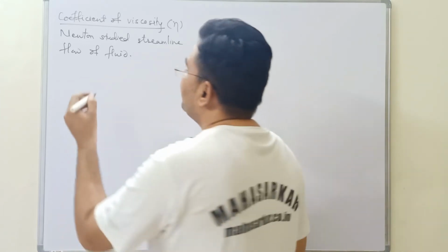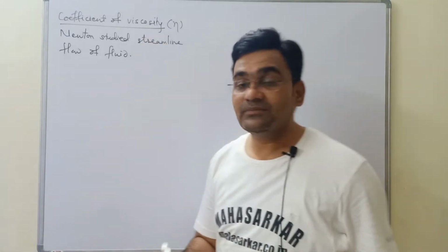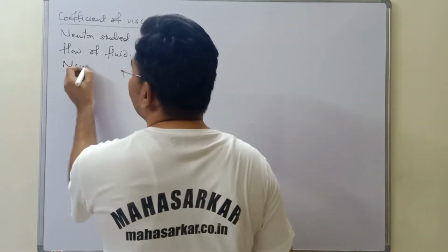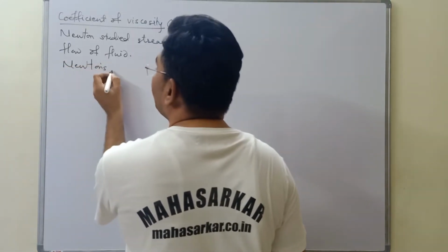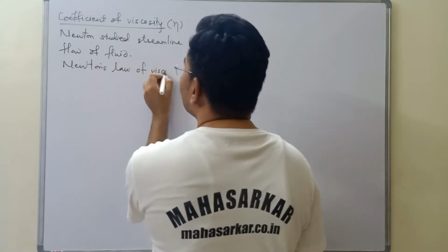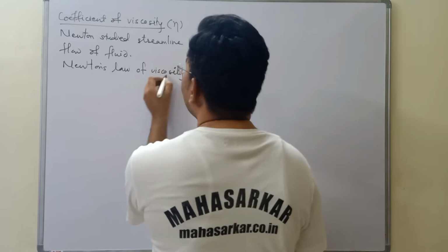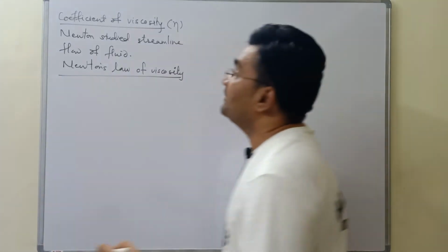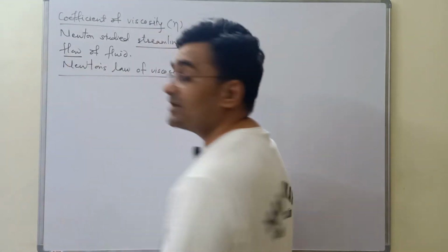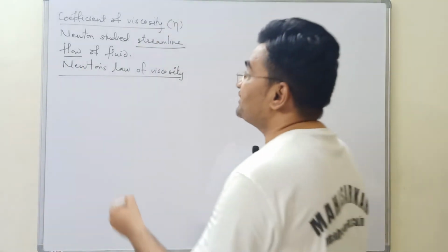So he studied a few things and concluded important terms, and these terms we use as Newton's law of viscosity. Remember, this is strictly valid for which flow only? Streamline flow.